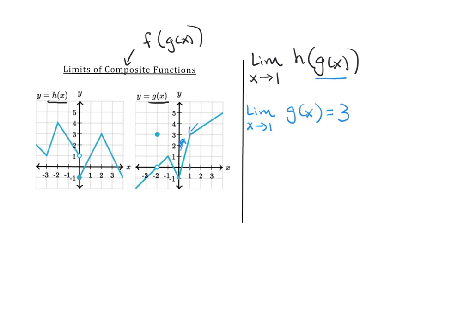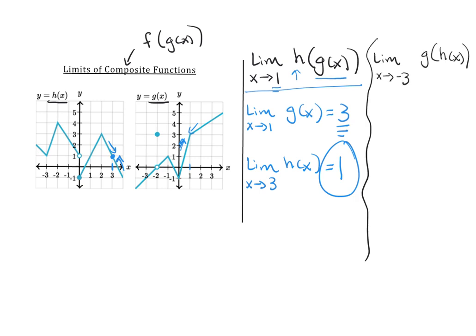Now this 3 becomes the approaching part of your limit for the other function. So now it's the limit as x approaches 3 of the outer function h of x. Let's go to the h function. We're approaching 3. Approaching from the left and from the right, it is approaching 1. So that is your final answer to the original question.